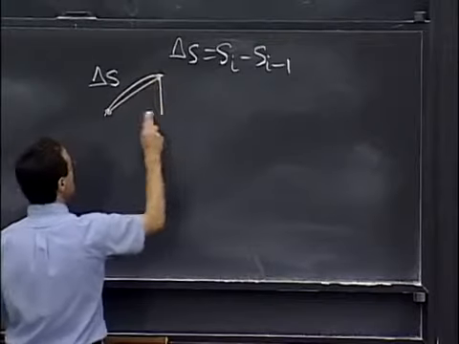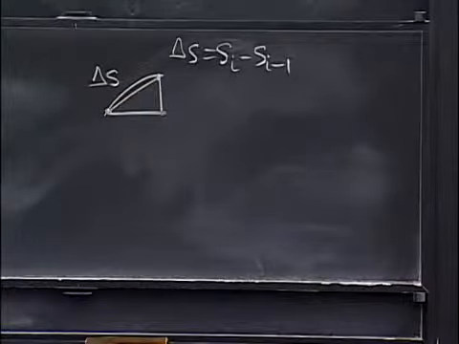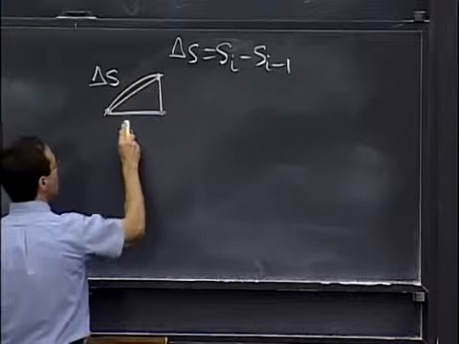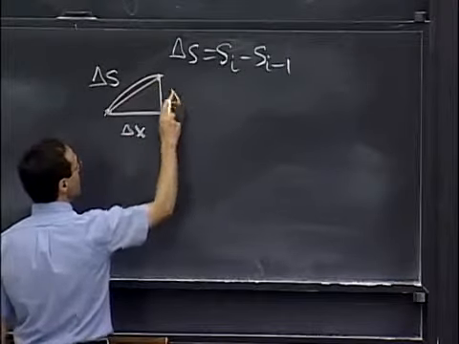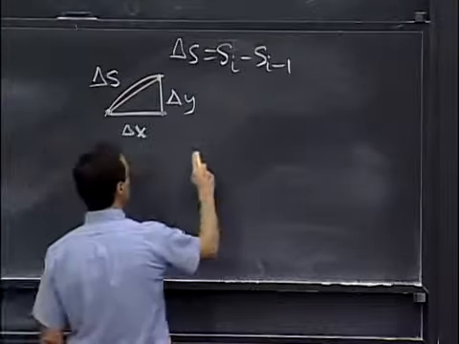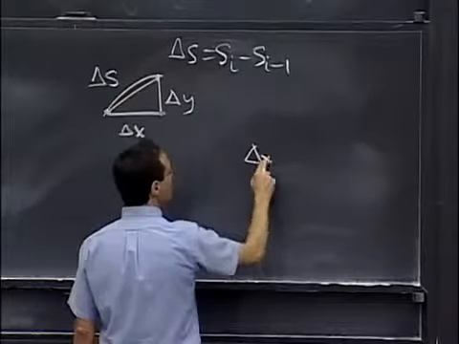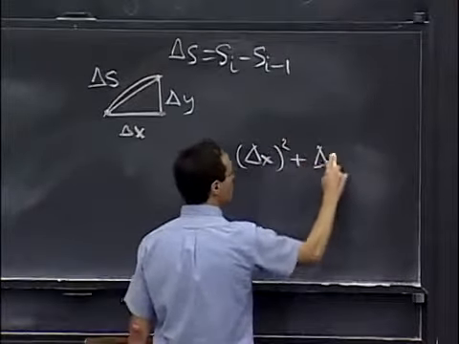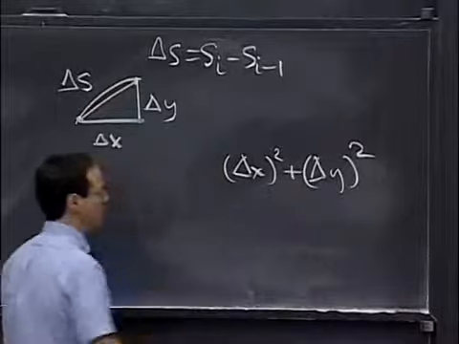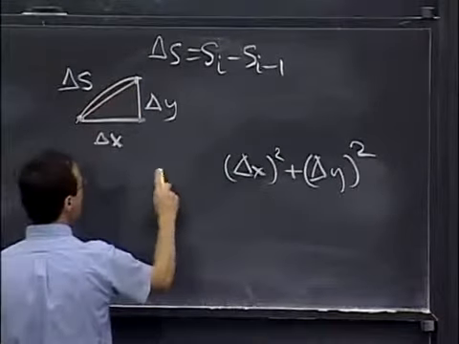And then I can figure out what the length of the orange segment is, because the horizontal distance is delta x and the vertical distance is delta y. And so the formula is that the hypotenuse is the square root of delta x squared plus delta y squared. And delta S is approximately that.